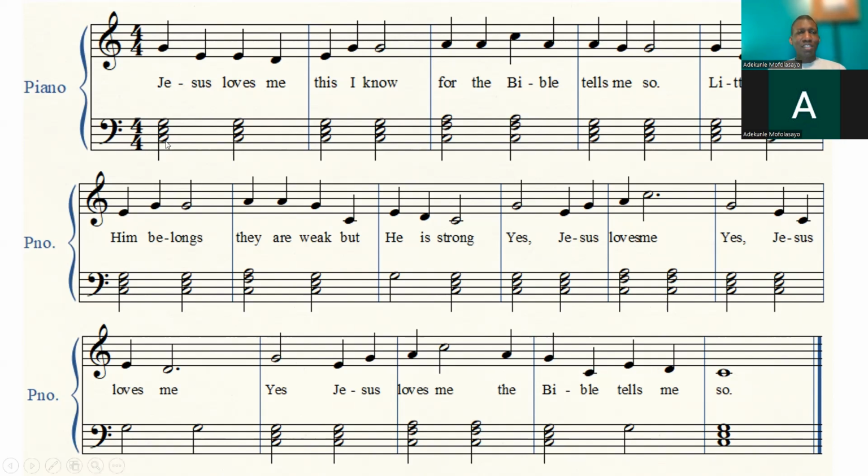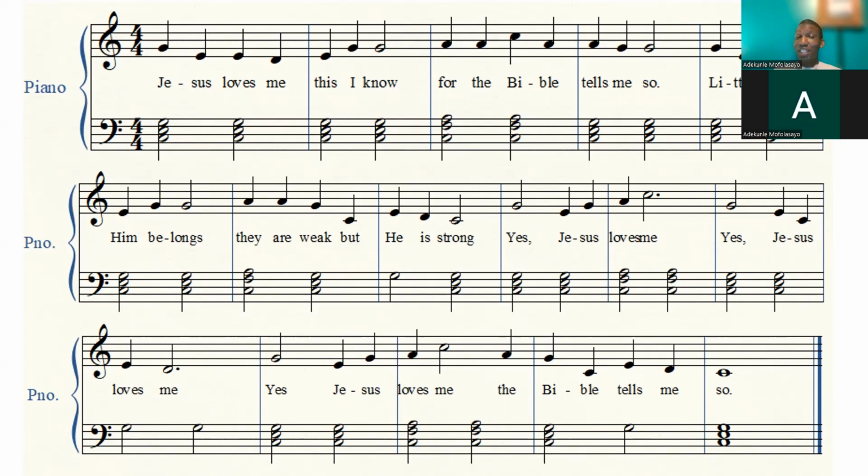And for the bass staff, this is C, E, G. This is C, F, A. This is only G here. So you will write the notes of the bass staff as well. As you continue to learn, you don't need to write down the notes again. You just look at it and you just know the notes and you just play them, okay?